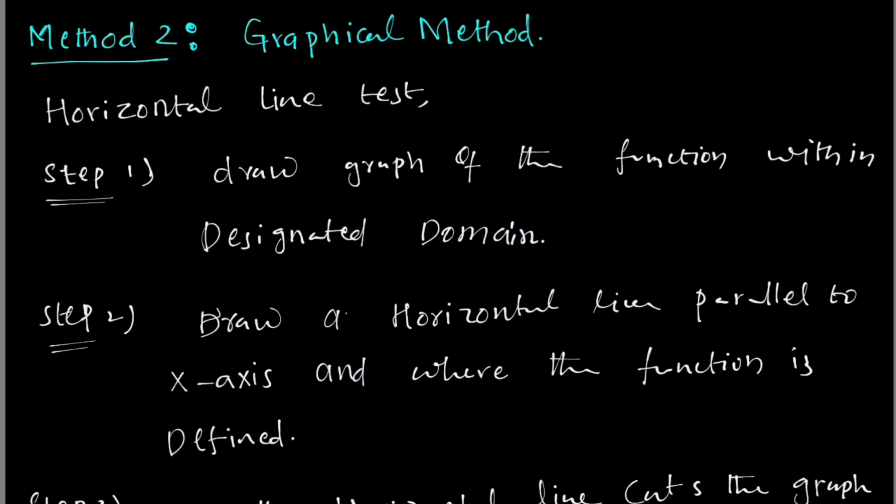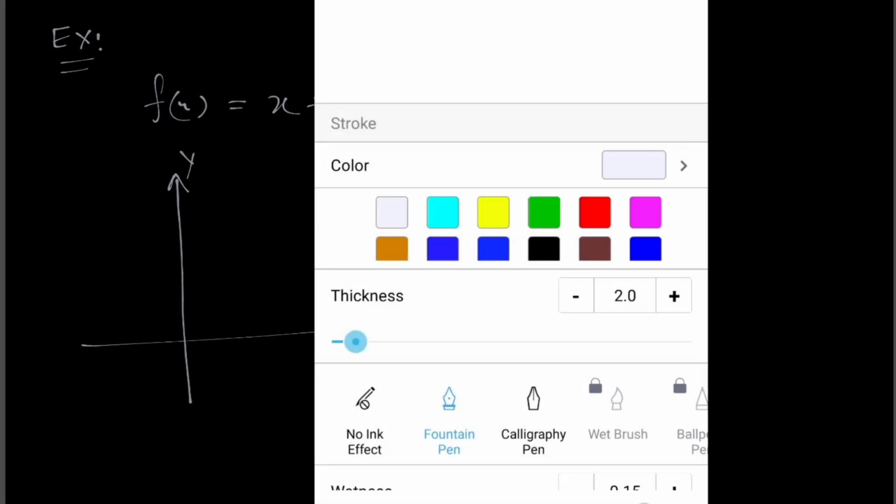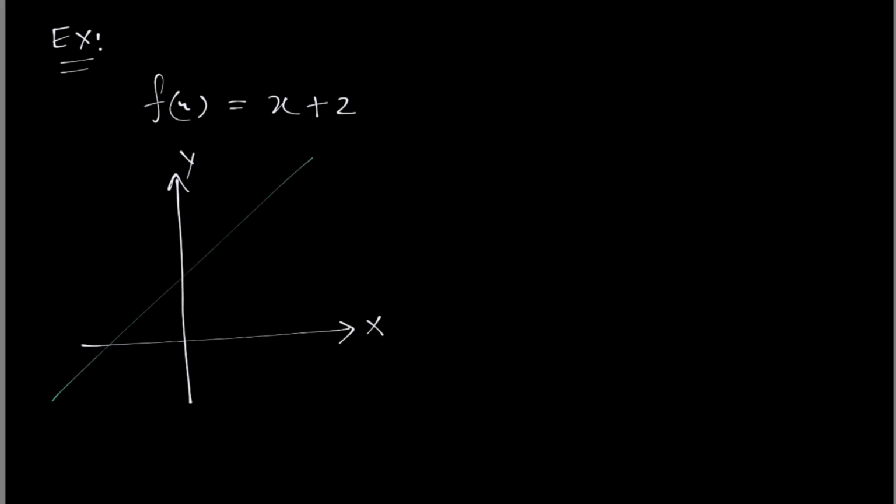So for example, let me take a function f of x equal to x plus 2, and let me establish the graph of x plus 2. Let that be the x-axis and here the y-axis, and the graph of y equal to x plus 2 will be like this.